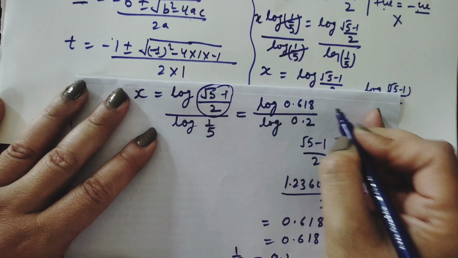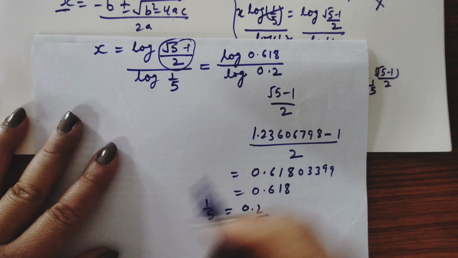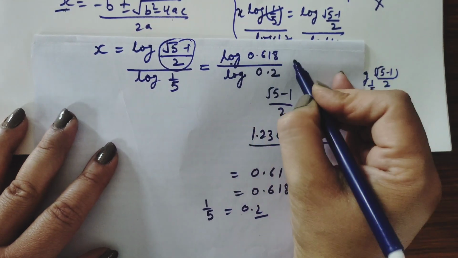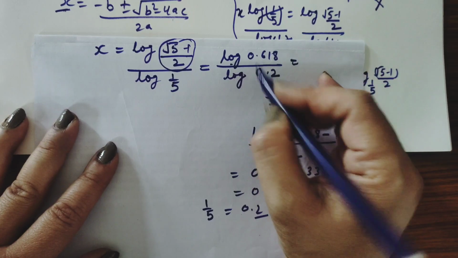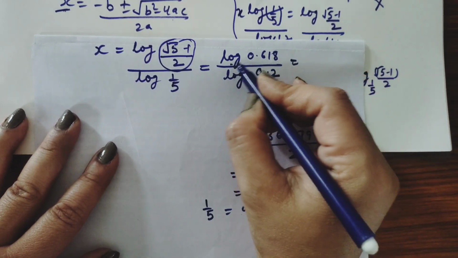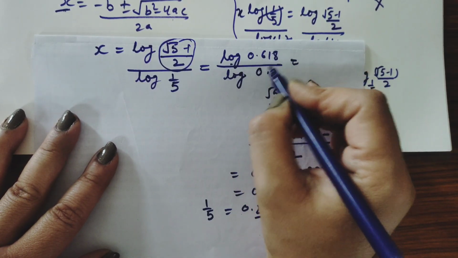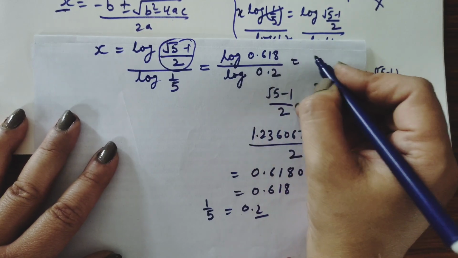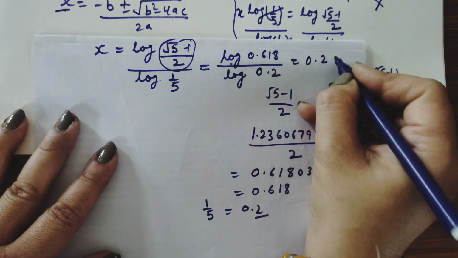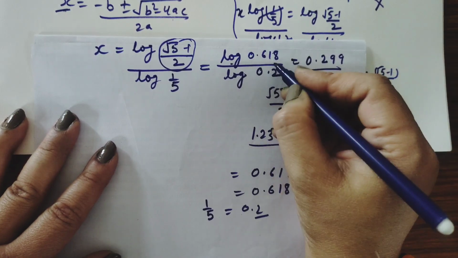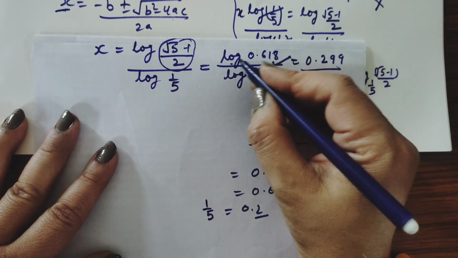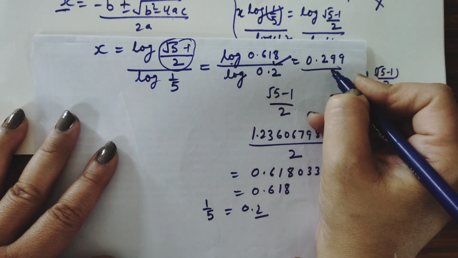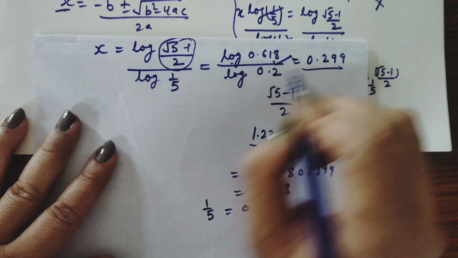So find the log 0.618 value and the log 0.2 value with your calculator, and divide these two values. You will get the answer 0.299.